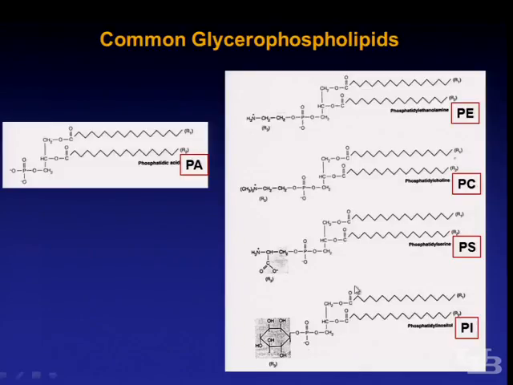The structure is giving us a lot of permutations and possibilities for the composition and nature of the hydrophobic tails, right? They can be straight, they can be bent, they can be long, they can be short. And when we start to think about how they come to pack, right, longer tails might give us better van der Waals. More bends, they're not going to come as close together. And then the head groups also vary.